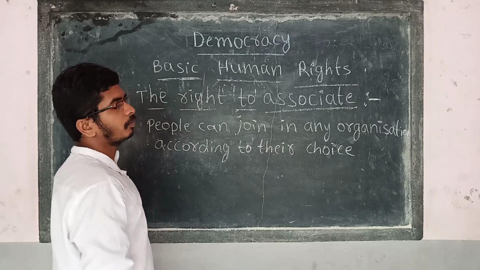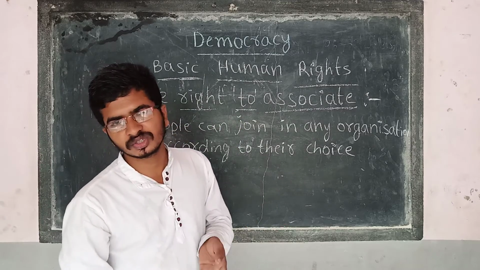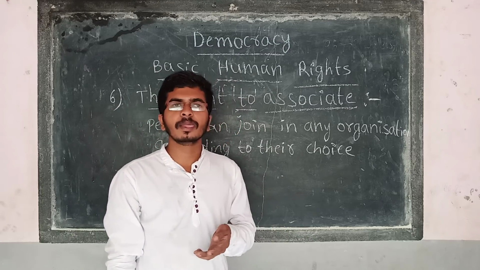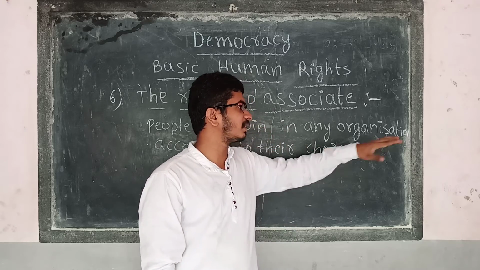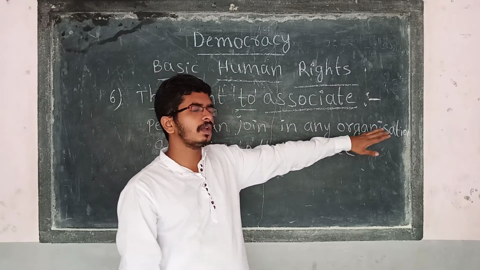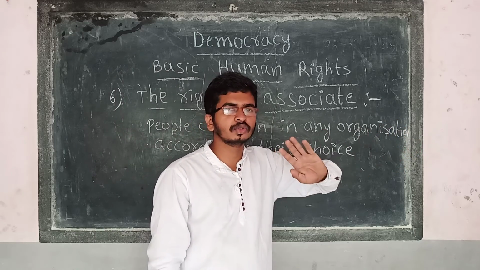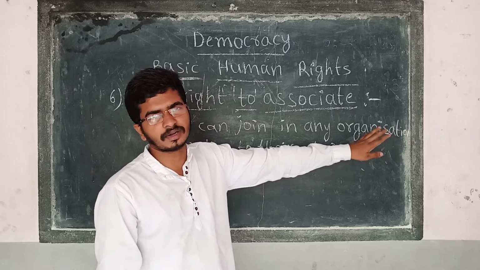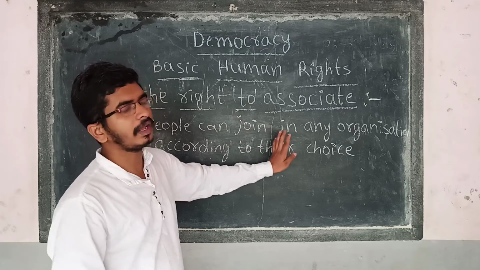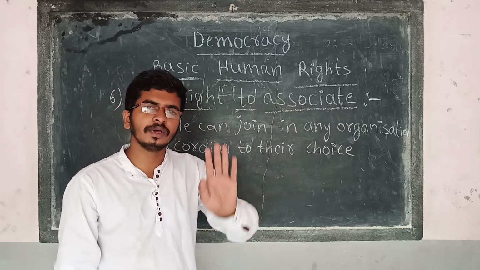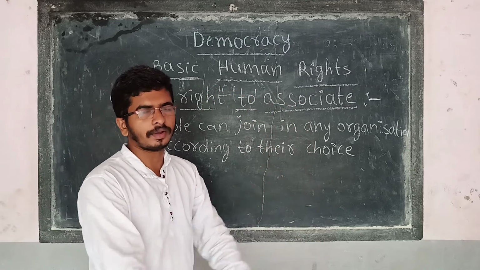So here people can join any organization. Organization means an institution or political party or many other organizations, charities, trusts, hundreds and thousands of organizations are there. No one should stop you saying that you should not join this organization, right? Following the rules, you can join any organization according to your choice. That is the right to associate. Associate means to join. Clear?